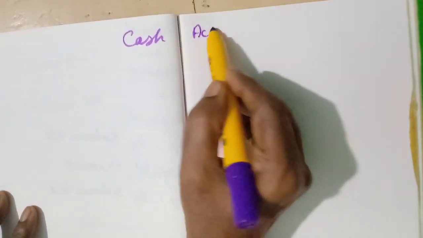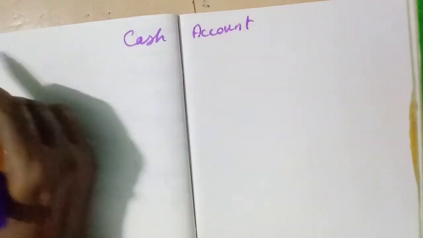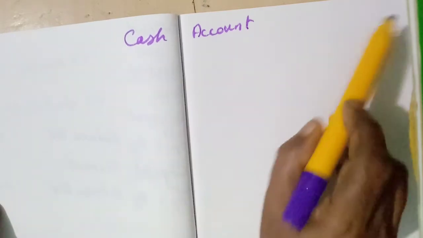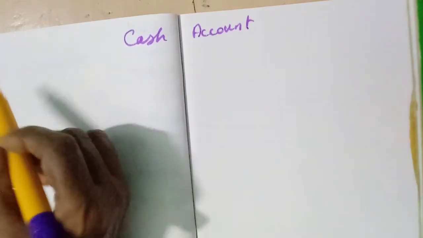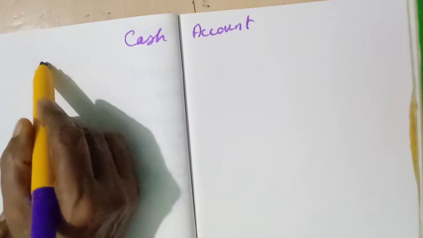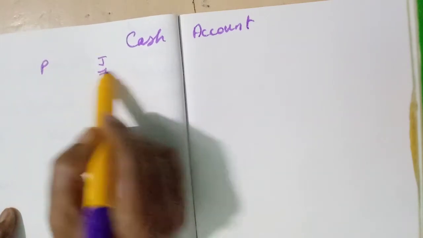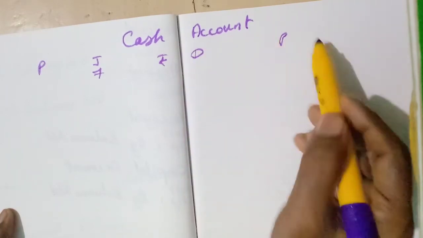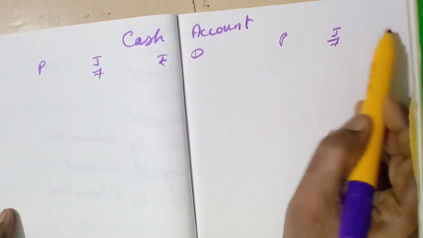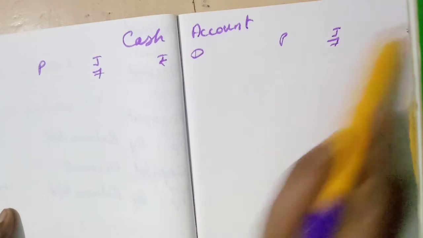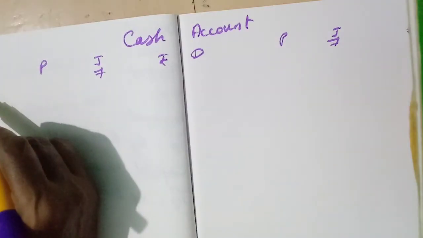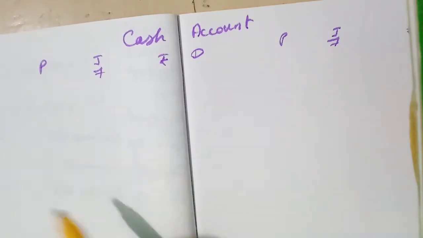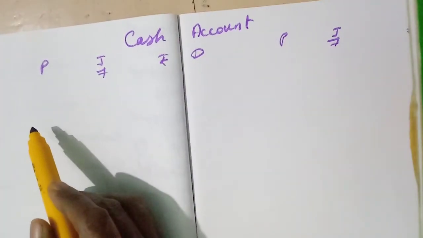Cash account, you have to write everything. Debtor, last side creditor, then date, particulars, JF, rupees, and then date, particulars, JF, rupees. Now first entry is cash account debtor to capital.